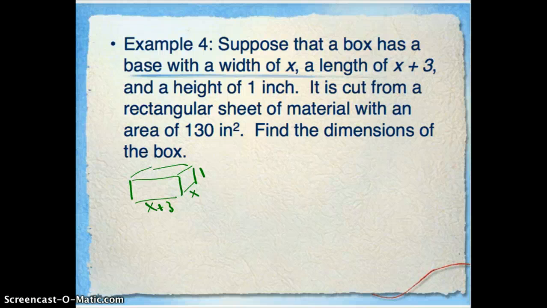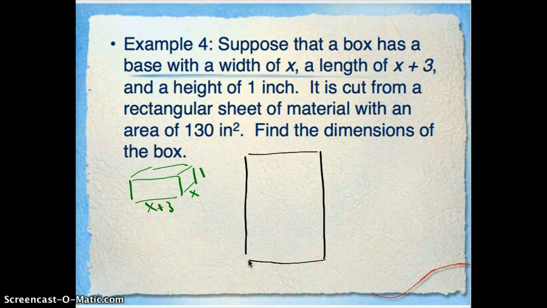What I think would be important to know here is what kind of box we're talking about. So we're talking about an open top box, and you're folding it up from a flat pattern. So basically, here's a rectangular sheet of paper that you're folding it up from. If you were folding it up right here on the corners, to get that height to be 1, each of those corners would have had to be a 1 by 1 square.